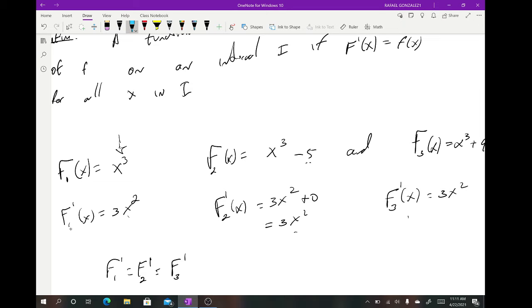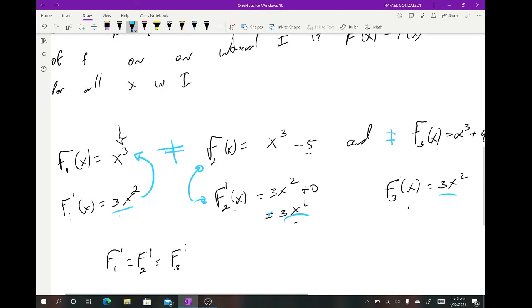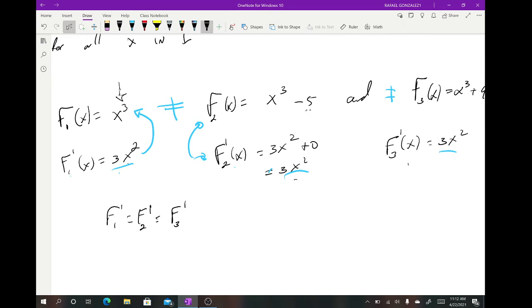The antiderivative of F1 prime is this right here, and the antiderivative of this function is this one. Notice that they're not equal, but their derivatives are. That's why we do not say the antiderivative, because there are infinitely many antiderivatives that give us the same derivative function. Notice that I have 3 different functions and they all give me the same derivative. That's because I'm adding a constant.